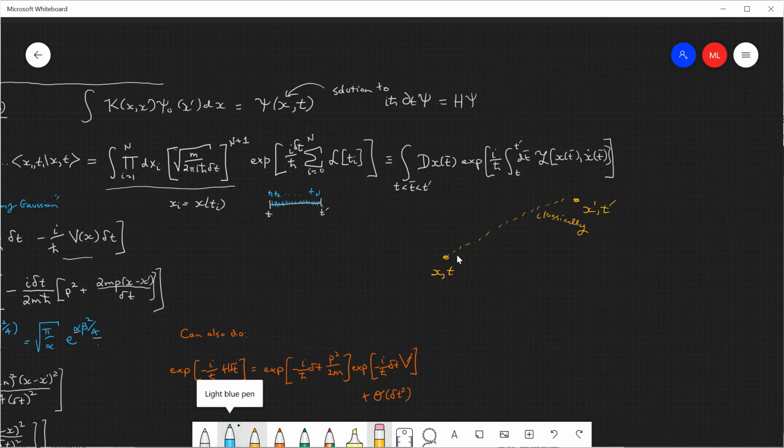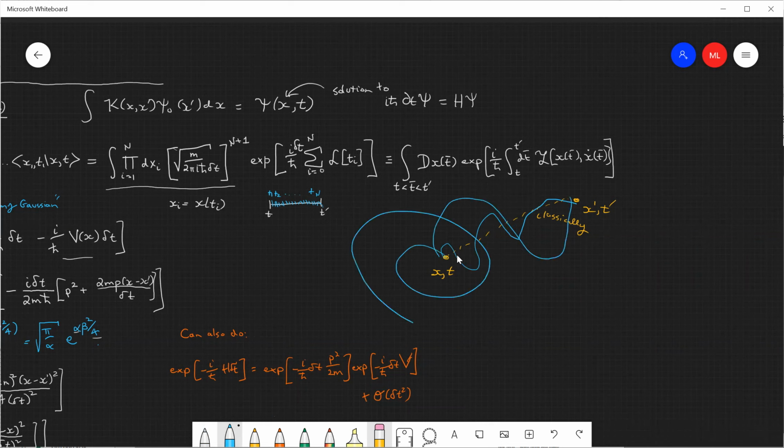Whereas what quantum mechanics tells you is actually you have to sum over all the paths connecting these two points, where each path is weighted by this phase factor.